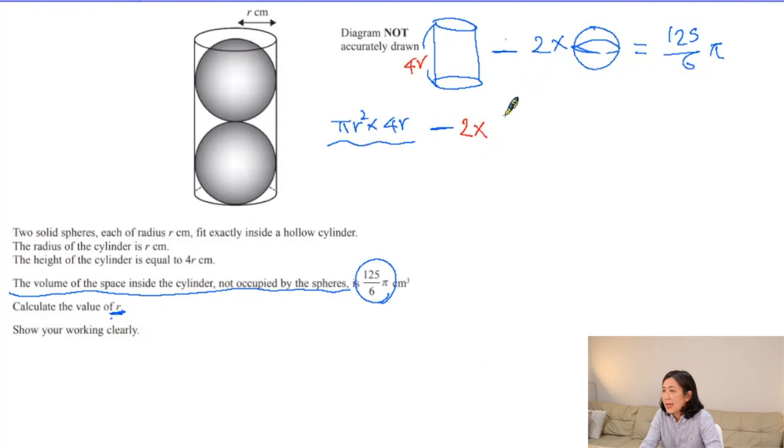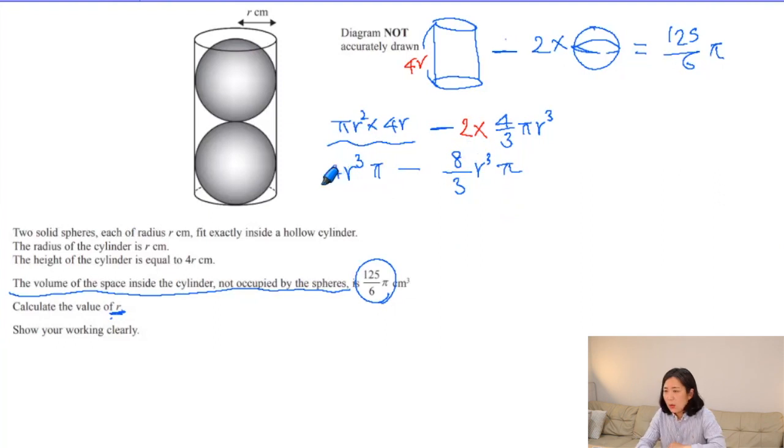Then we take away 2 lots of spheres. The volume of a sphere is 4/3 pi r cubed, right? Now, let's simplify these expressions. So it's 4 pi r cubed, taking away 2 lots, which is 8/3 pi r cubed.